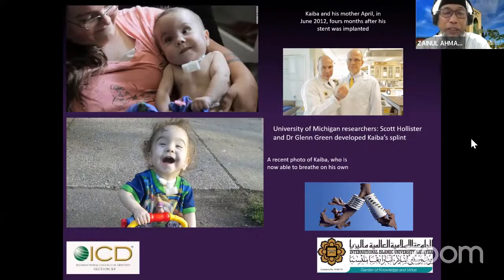This is the latest picture. This is the work done at the University of Michigan. Scott Hollister and Glenn Green developed this Kaiba splint. So in other words, 3D printing is not only printing biomaterial, but it can also save lives. This is one example of the importance of imaging data and also 3D printing.